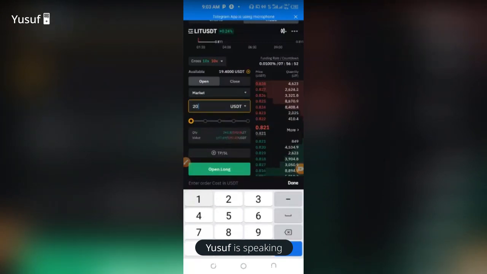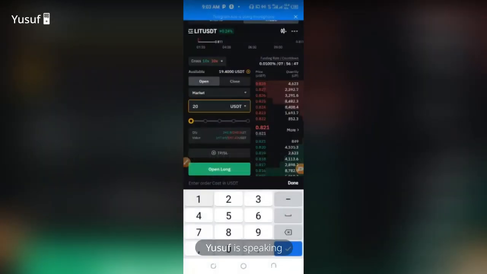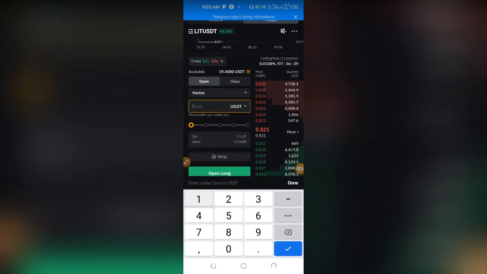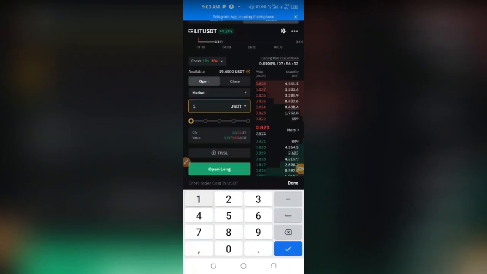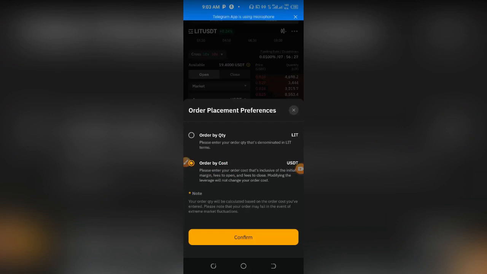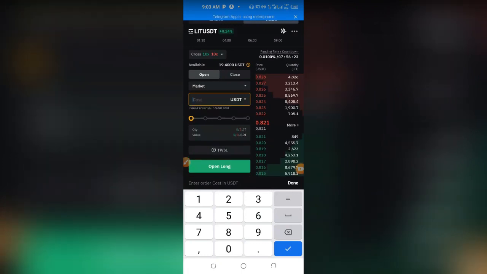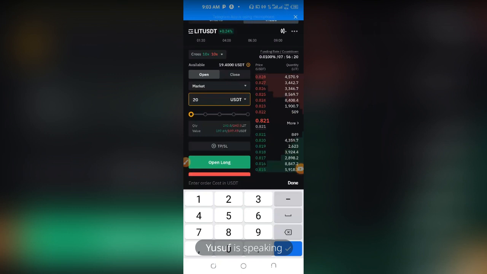When I trade with $20, 240.5 leads, 9.27 USDT.